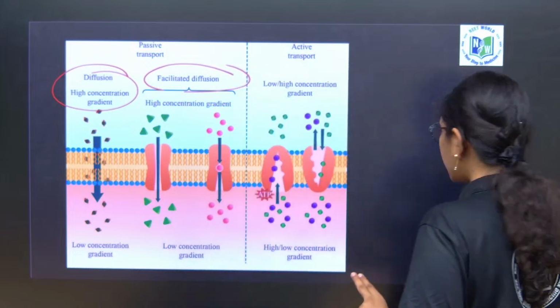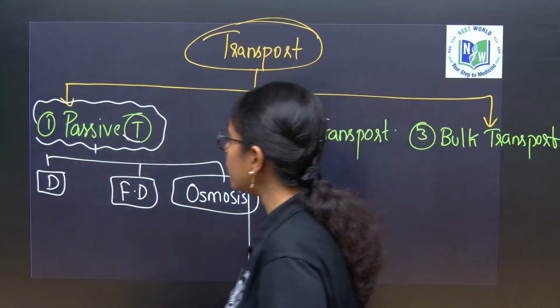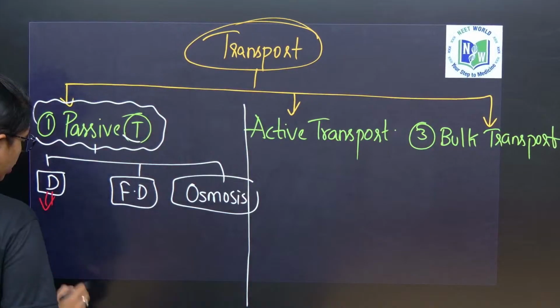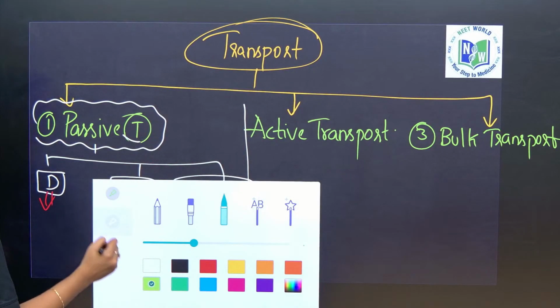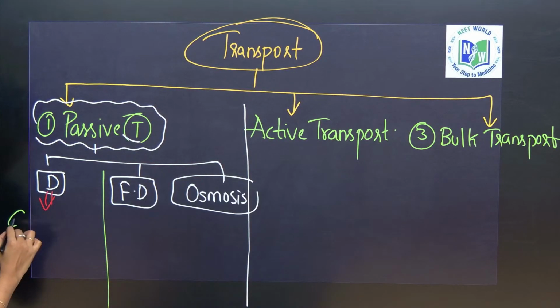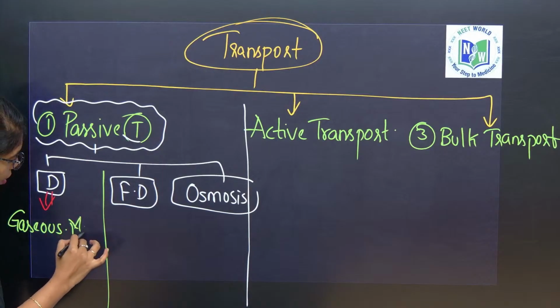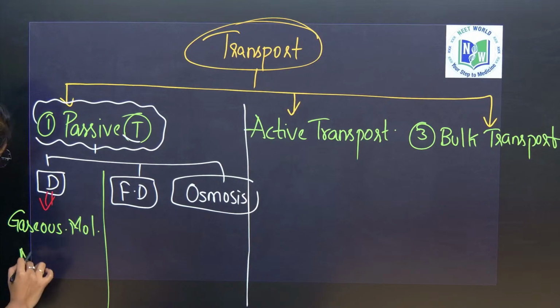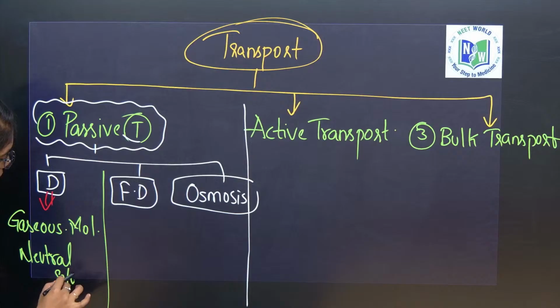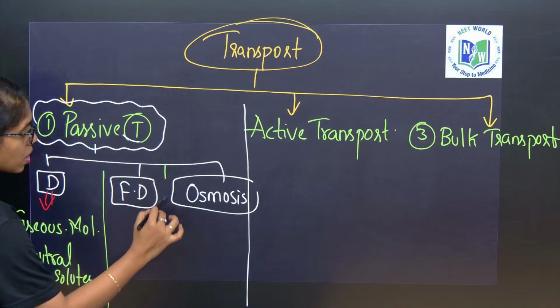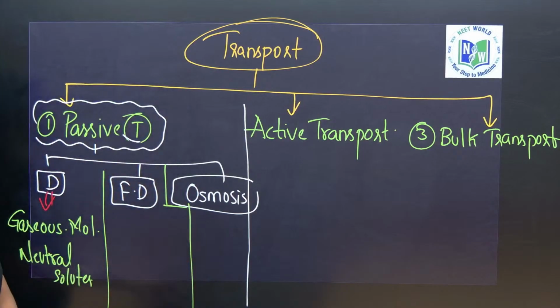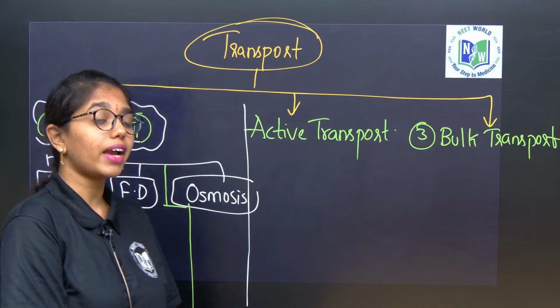So, I hope you have understood clearly. For diffusion, what are the molecules that are getting diffused? Gaseous molecules and neutral solutes. Neutral solutes will diffuse from cell to cell. Next, facilitated diffusion is via what?